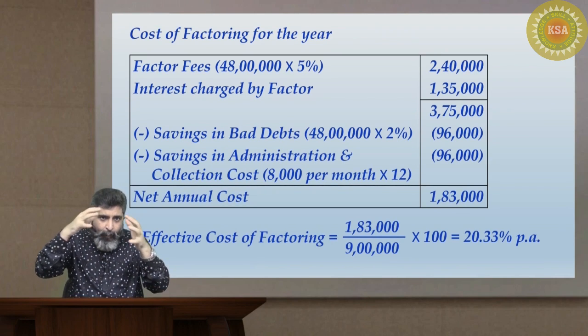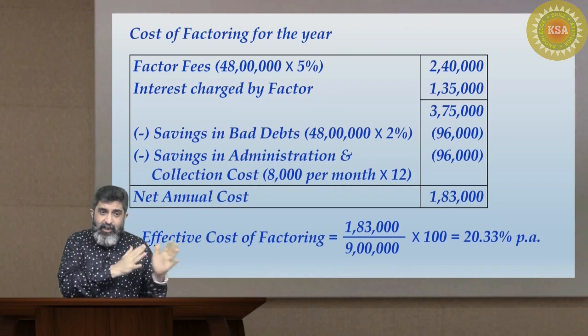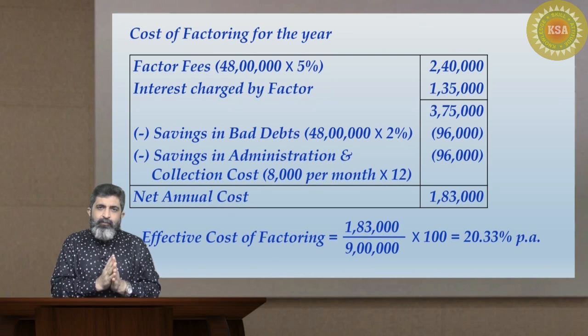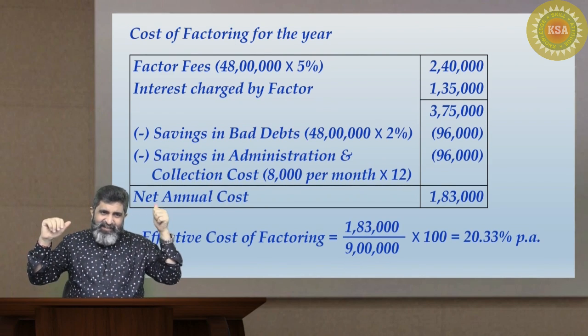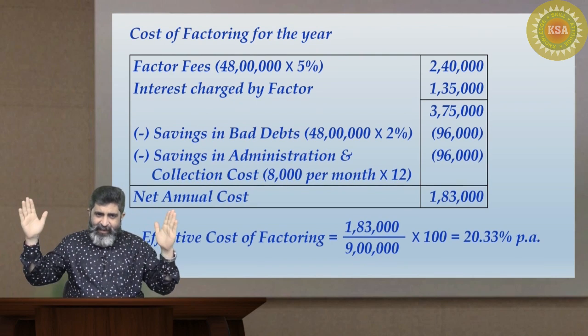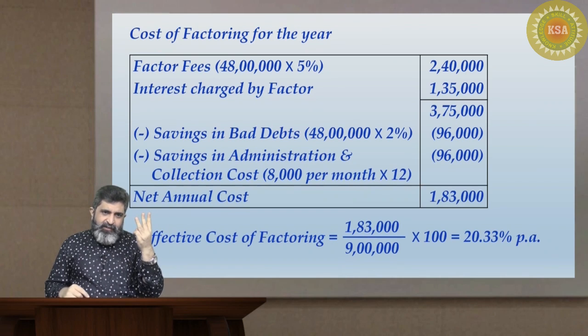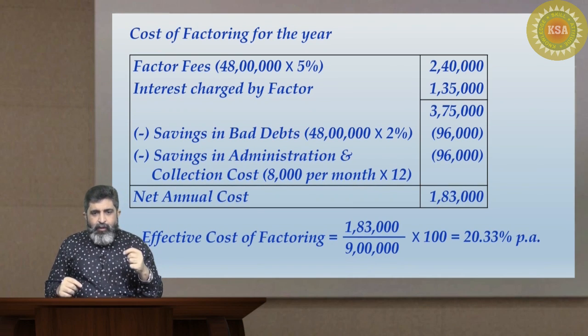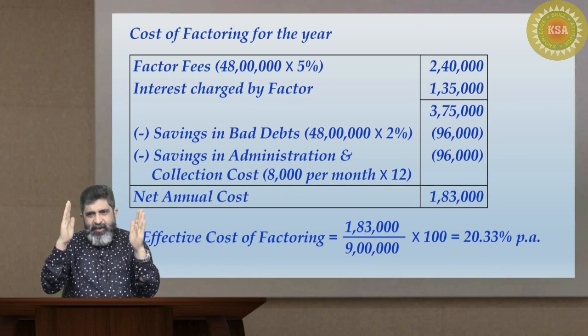Let us observe the whole process the way we have learned it in the initial part. Annual total credit sales in this example is 48 lakhs. Credit period is 3 months. So in each quarter, 3 months is one quarter, right?